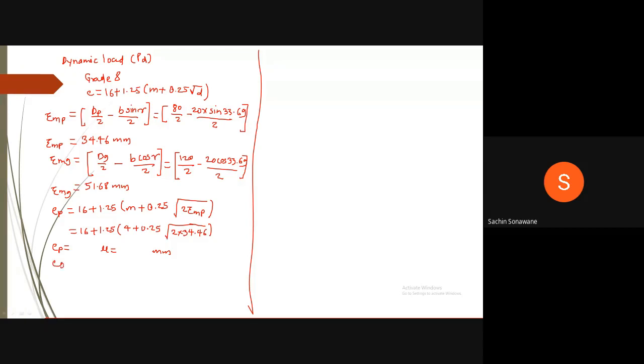Then you have to calculate error for gear. EG is equal to 16 plus 1.25 into bracket m plus 0.25 into square root of 2 RMG, which is equal to 16 plus 1.25 into bracket 4 plus 0.25 into square root of 2 into 51.68.